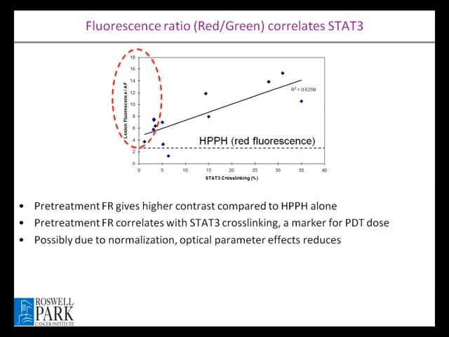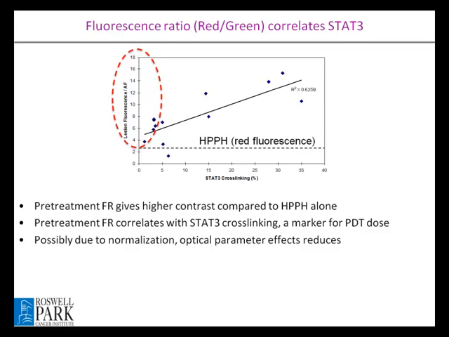Another interesting thing is that when I asked my student to plot something, he misunderstood and plotted lesion fluorescence divided by autofluorescence with respect to STAT3. This was just an accident, but we saw more correlation.